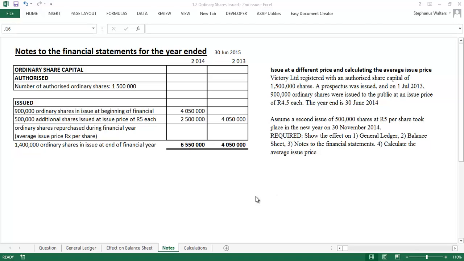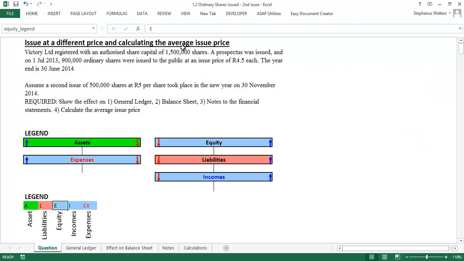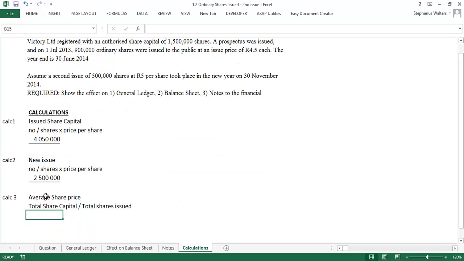Right, so just quickly one more thing. We forgot to calculate the average share price here, the average issue price. If we go to my calculations, what we're going to do is we're going to say we take the total share capital and we're going to divide that by the total shares issued. So if you have a look here at the top in the formula bar, you can follow with me.